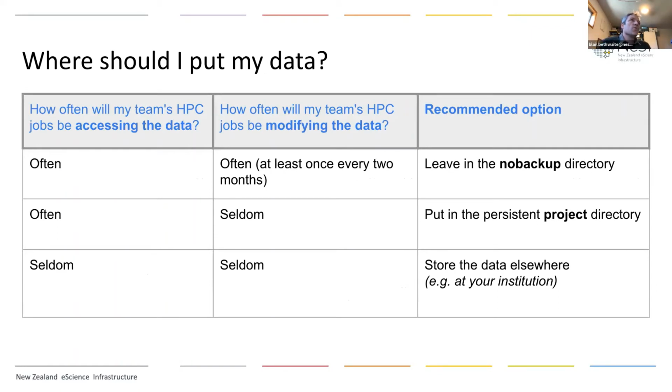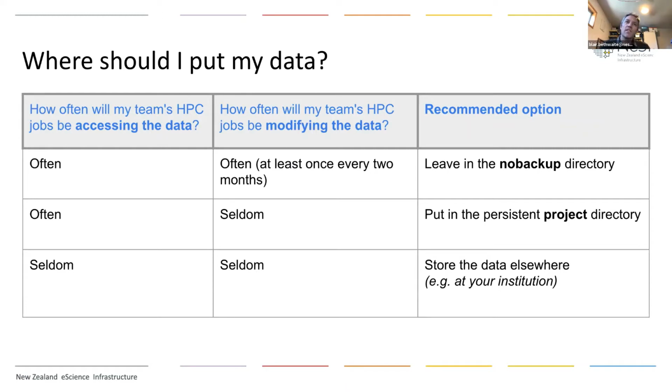So where should you put your data? We've got some guidance around that. If you're accessing the data often, then there are really two good options: the nobackup and project directories.